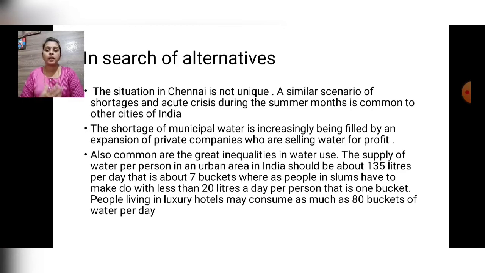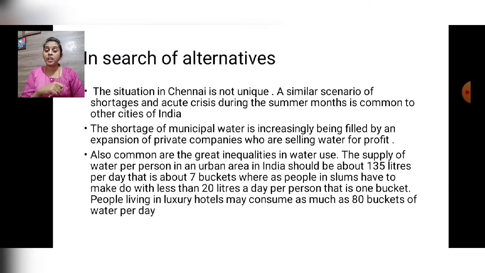That is about 7 buckets, whereas people in slums have to make do with less than 20 liters a day per person, that is 1 bucket. So if one is enjoying 7 buckets, another has to manage with 1 bucket.